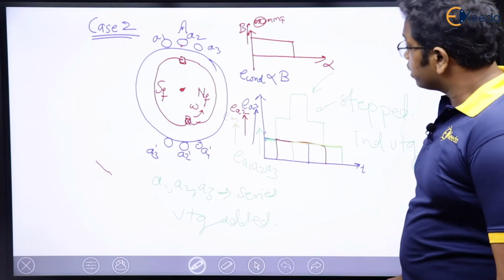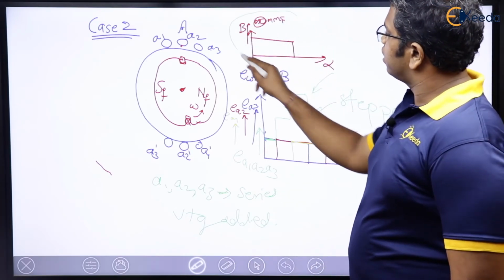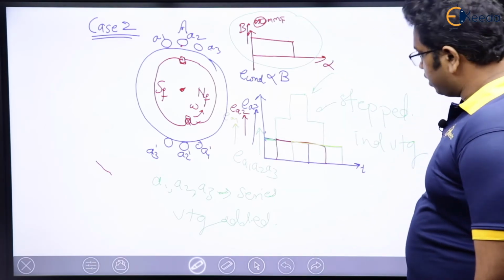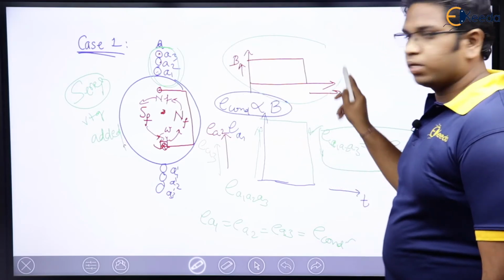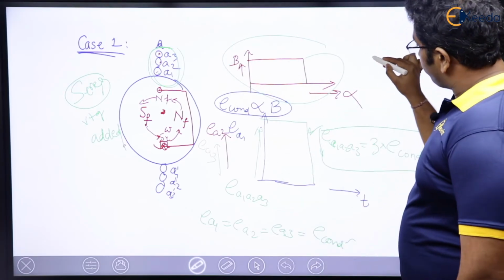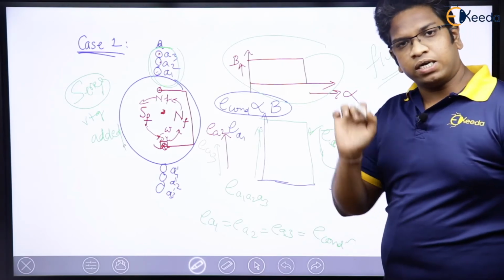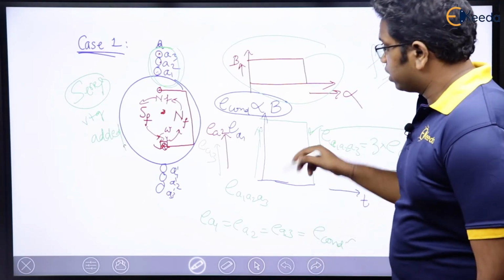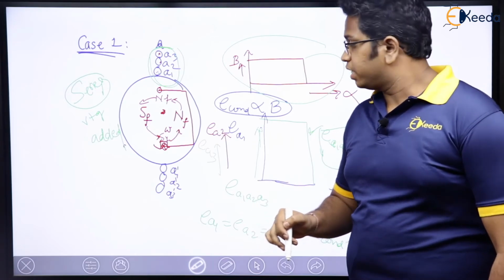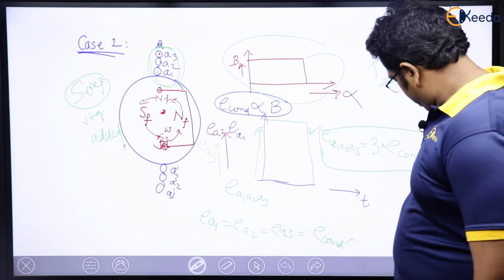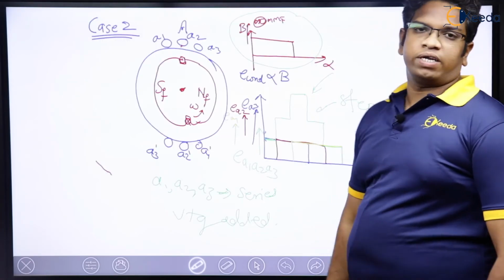Another observation: the flux density here is square, so the same flux density you are going to have here. Meaning that for the same flux density distribution, by distributing the windings, here also square is there, here also square is there.